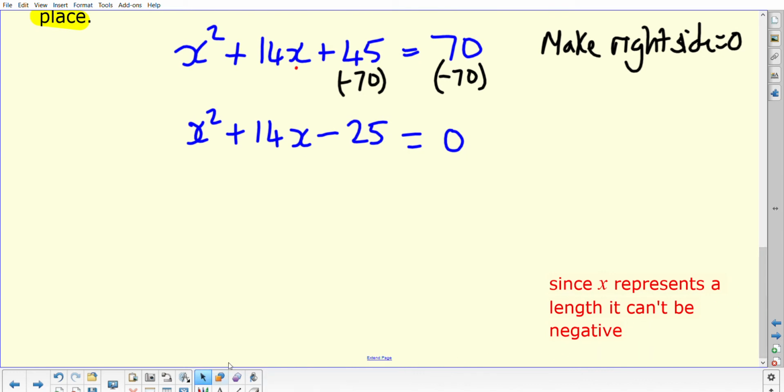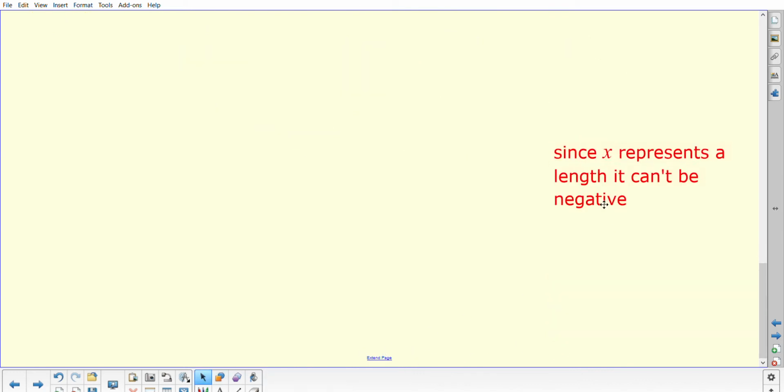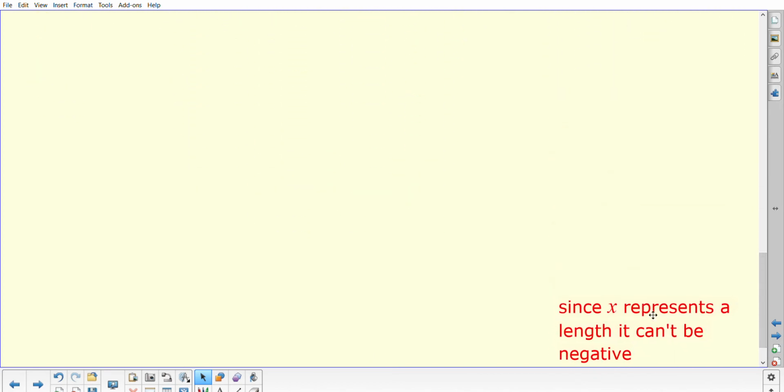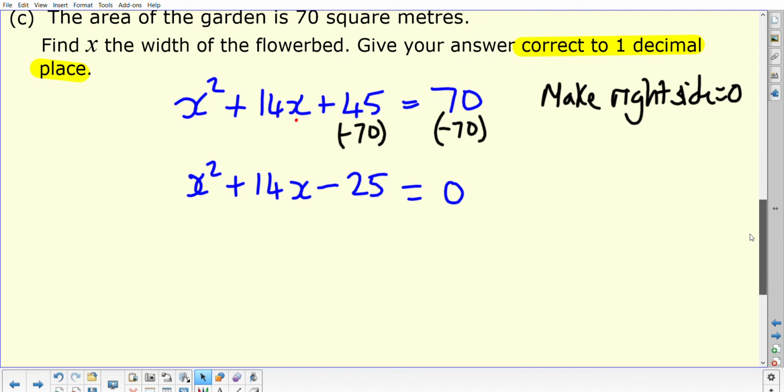So what we'd be looking for here is that you would match to the ax squared. So let's do a different colour pen. So we will match this to ax squared plus bx plus c, and identify your a, b and your c.